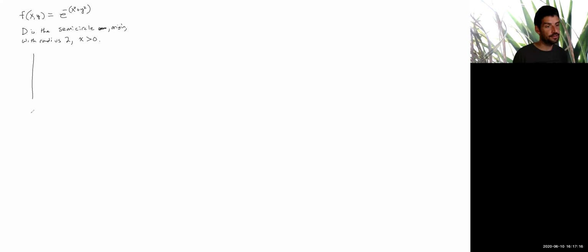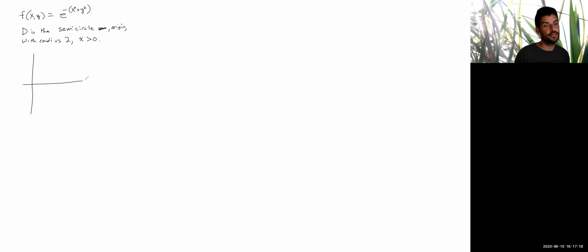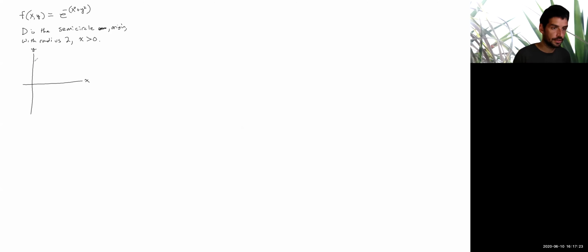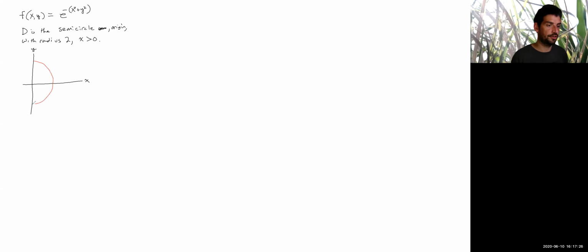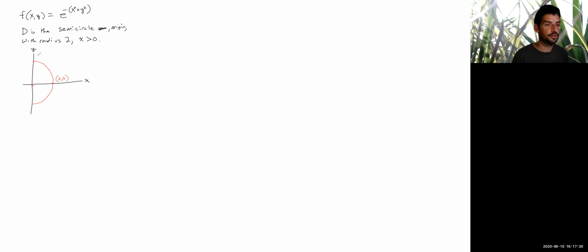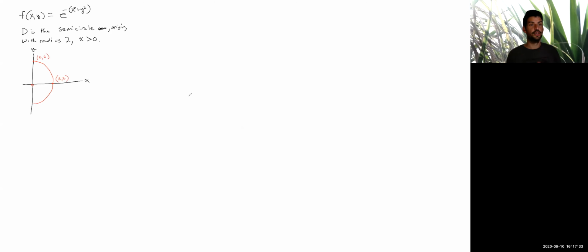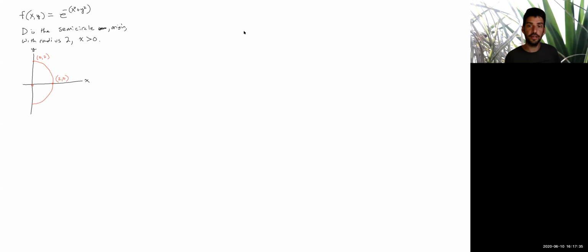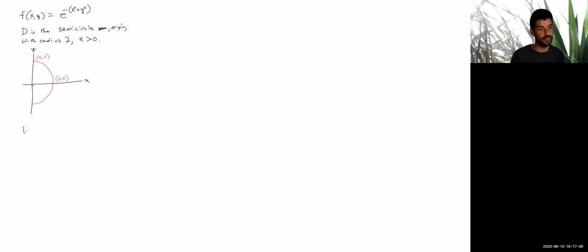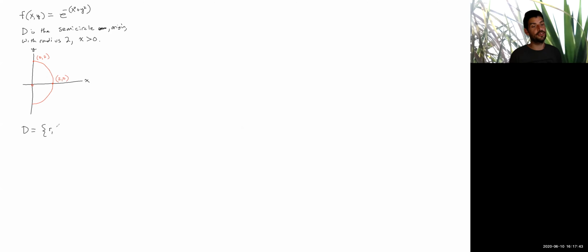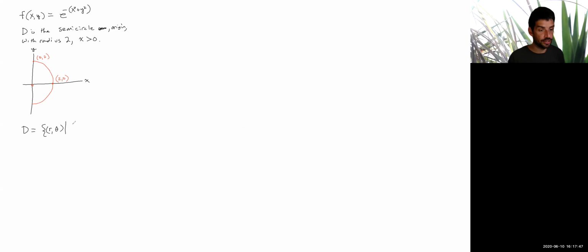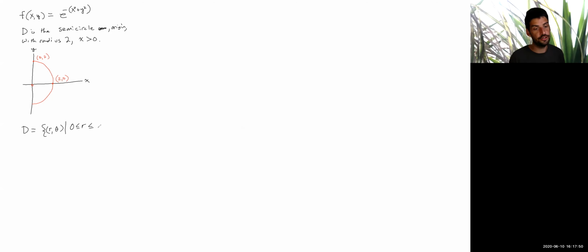So what I mean is, here's my xy plane. The region we care about is going to be the right half of the circle centered at the origin with a radius of 2. Okay, so that's our region. Okay, so this is a polar rectangle. So let's describe it that way. This is going to be the points r, theta, such that r has got to be between 0 and 2, right?